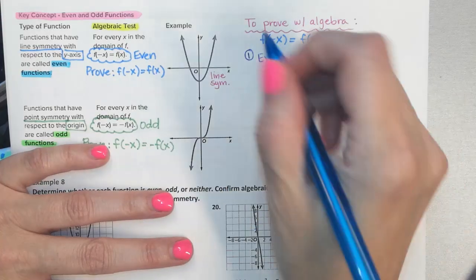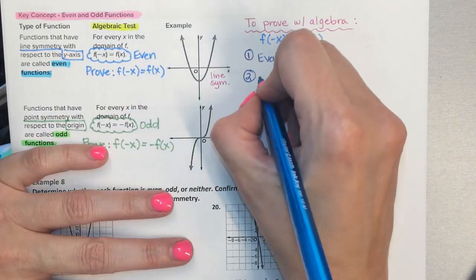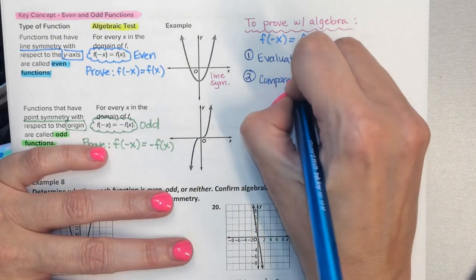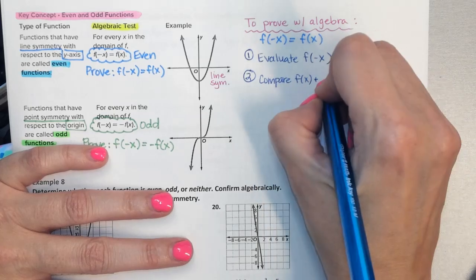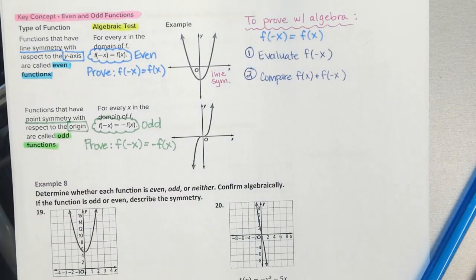And then leave some room here because we're going to write something else. And then what you're going to do is compare f of x and f of negative x. Okay, make sure you have that written down.